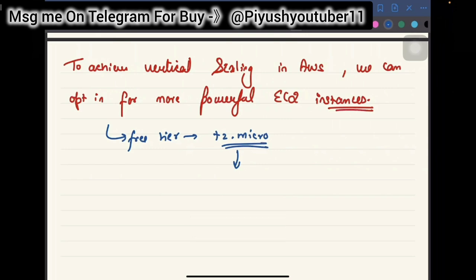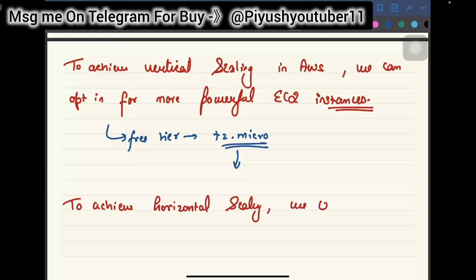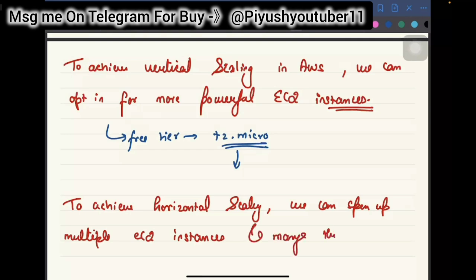Now, to achieve horizontal scaling, we can spin up multiple EC2 instances and manage the traffic on them using load balancers.